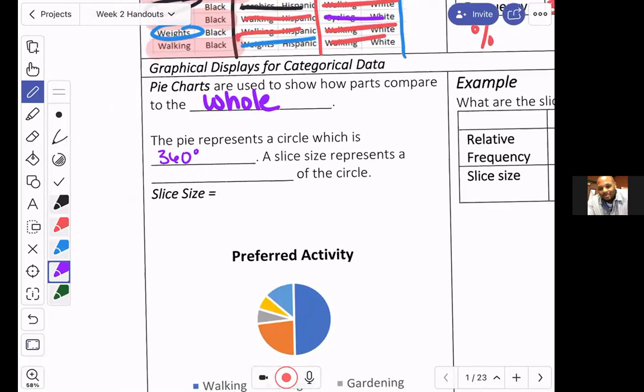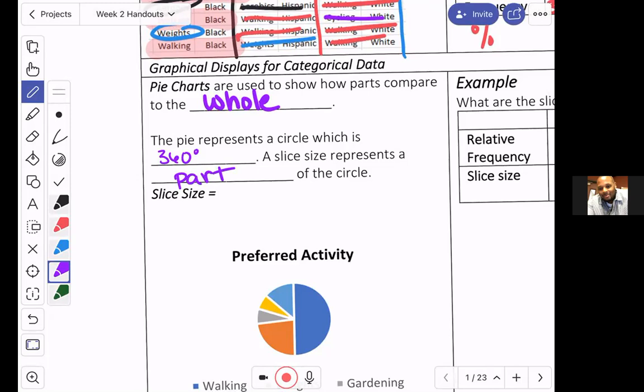Now, we draw these like this, and I've already drawn it for you. But in theory, we're not really going to try to draw a whole lot of pie charts. We're going to look at what we call our slice size. A slice size represents a part of the circle.